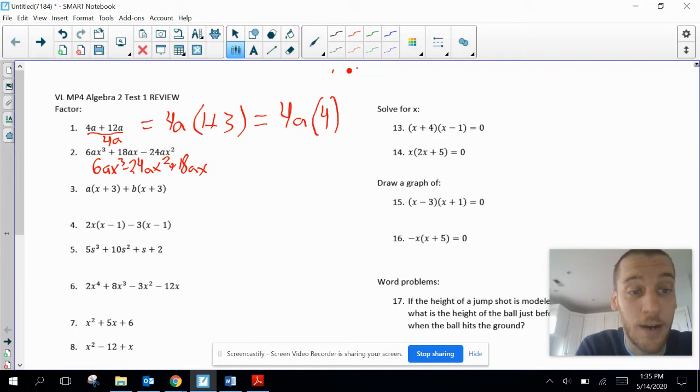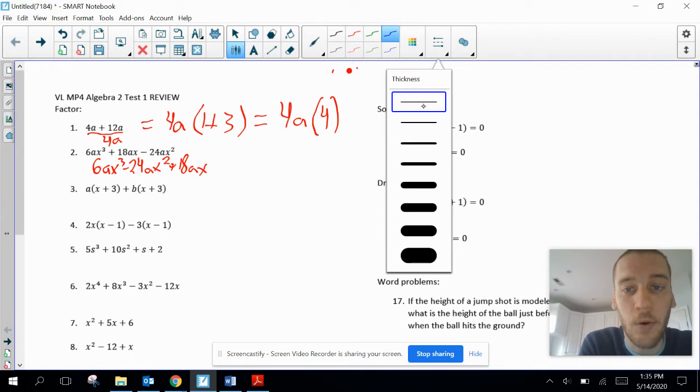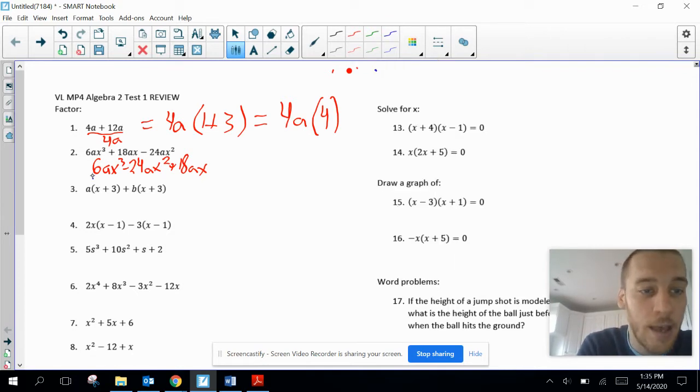And I'm going to divide these all by a greatest common factor. It looks like they're all divisible by 6 and by a and by x. So I'm going to divide them all by 6ax, and we're going to see what we've got left over.